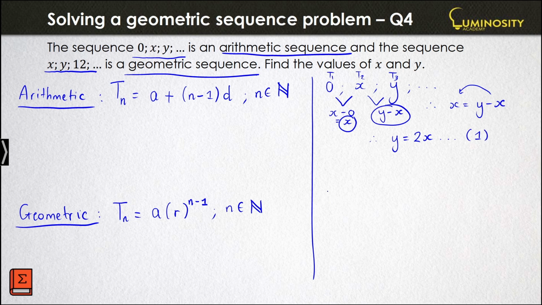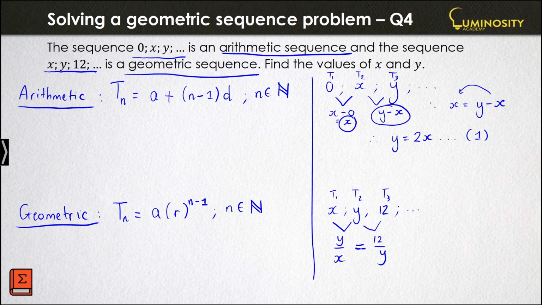For the geometric sequence, I have x, y, 12, and so on. So just with these first 3 terms, I know it's geometric sequence. So the common ratio, so t3 divided by t2 is 12 divided by y. That has to be the same as t2 divided by t1, which is y divided by x.